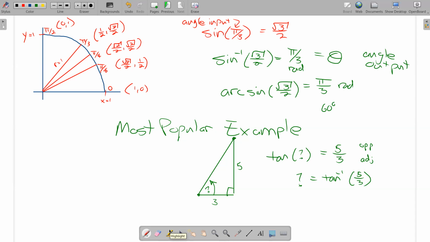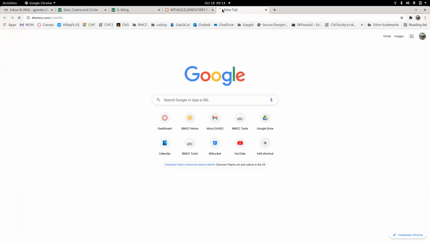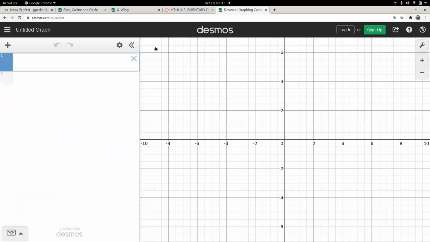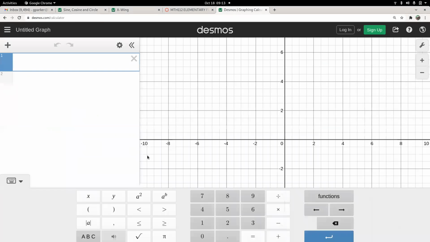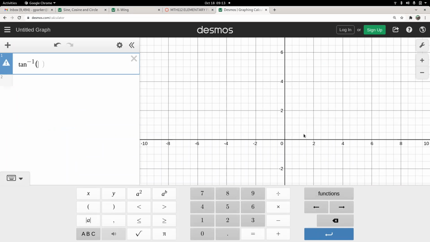Can whip out a calculator, get a measurement on that. Let's see, graphing, there we go. So I want to know, what is the tan inverse of 5/3?